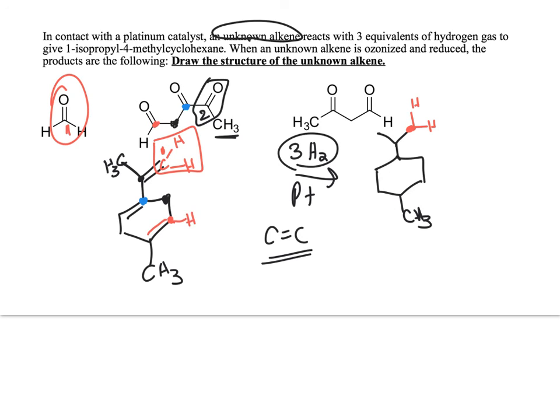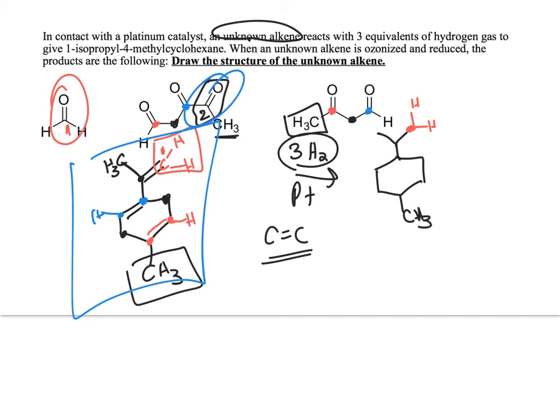So there's your hydrogen. And then you make sure this would bond with this carbon here. That's your CH3. And then this is this carbon here, methylene. And then this is an aldehyde here that would be bonded to the 2. So that would be your starting material.